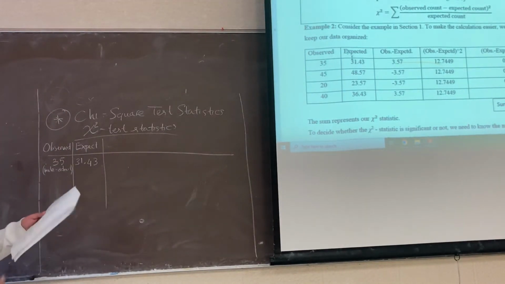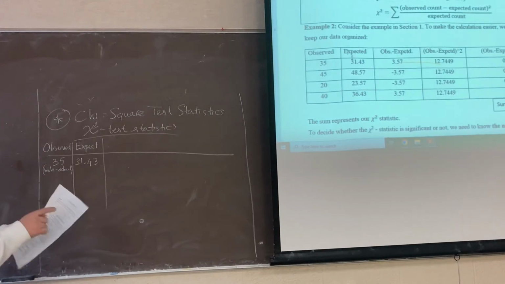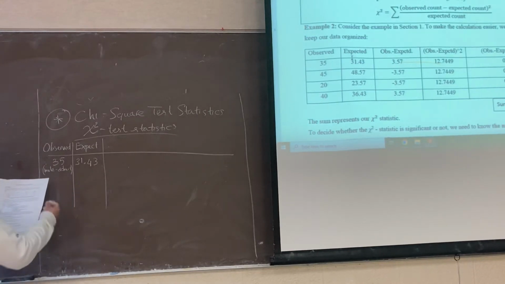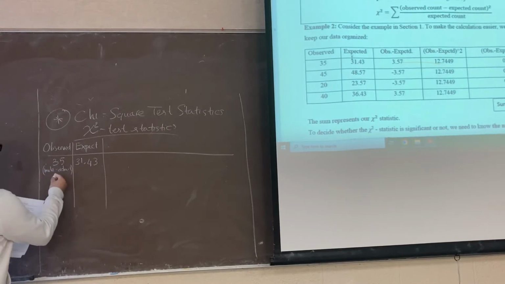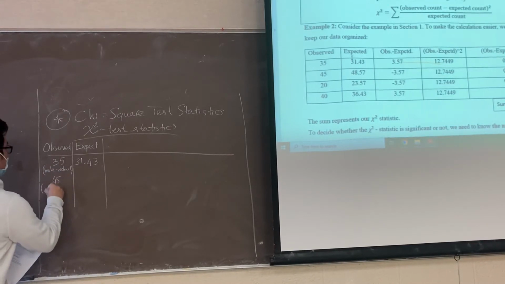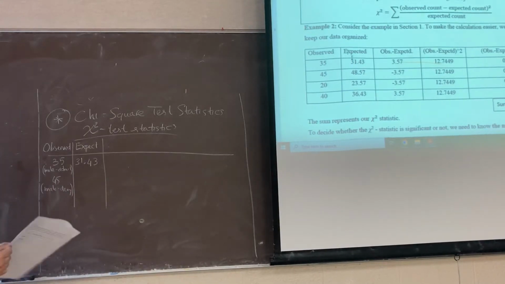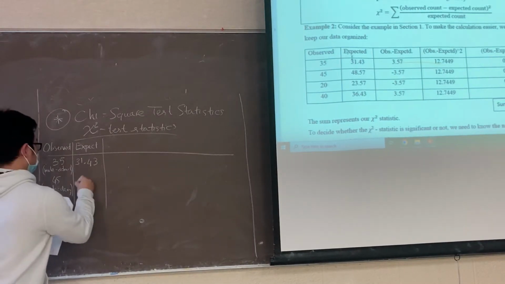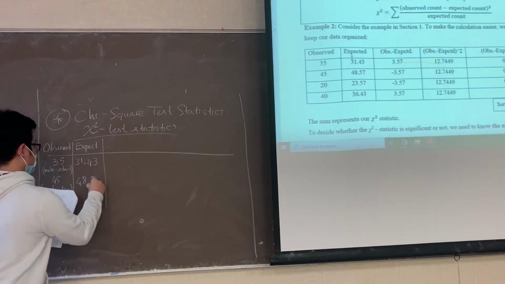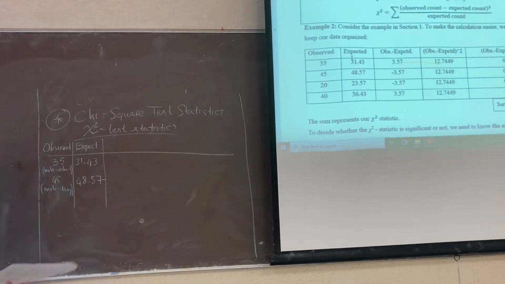Similarly, we look at another one. Male and deny here is 45. That's the observed count. And what about its expected count? The expected count is 48.57, right?